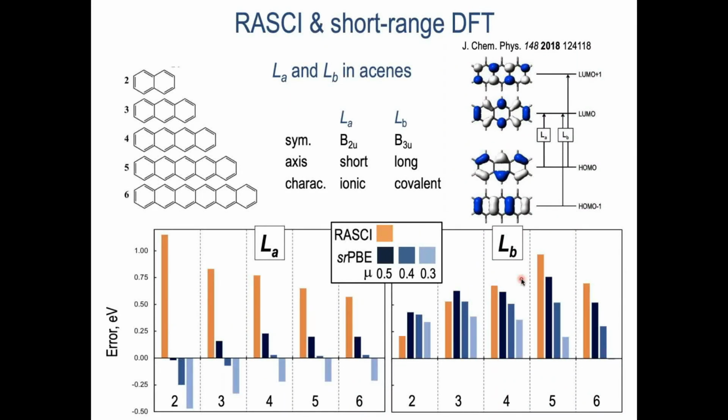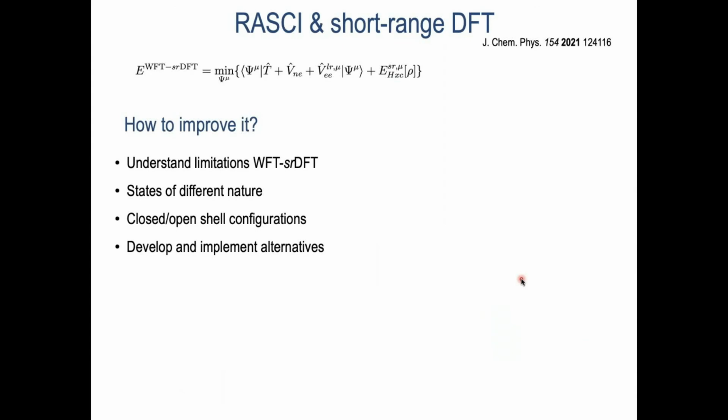So we wanted to understand why this is the case, and where are the limitations of this wave function short range DFT method, and why we get different types of results for different types of transitions.